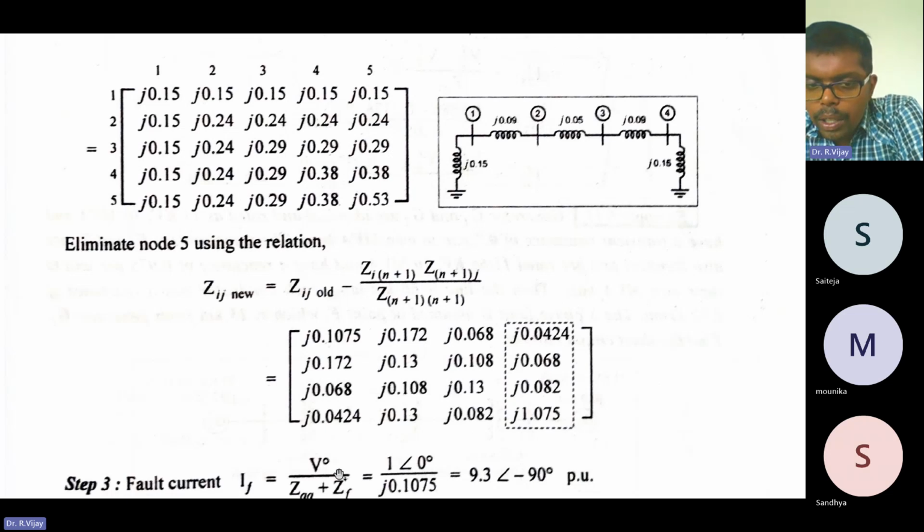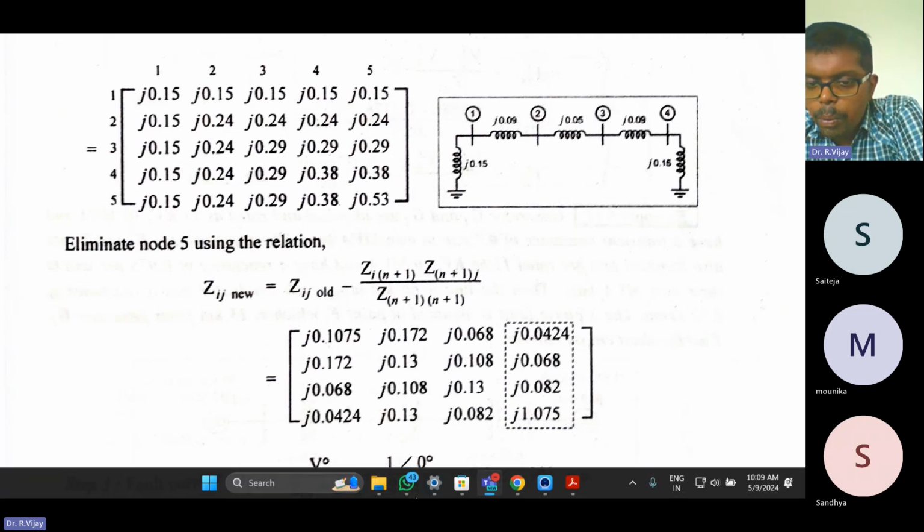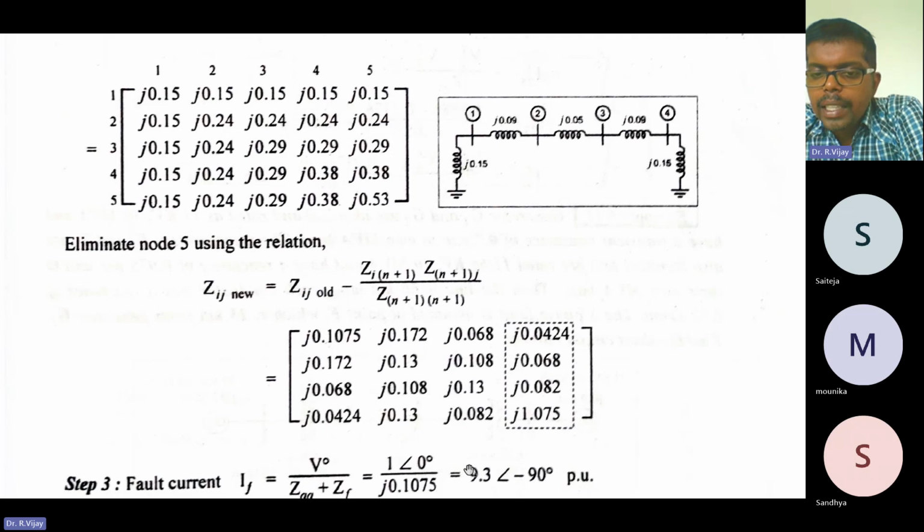Here, 1 at the angle of 0 degrees divided by j into 0.1075. Take your scientific calculator and convert that into polar form. You'll get the answer as 9.3 at the angle of minus 90 degrees, all in per unit.